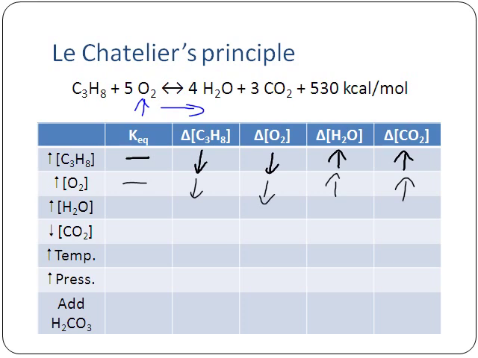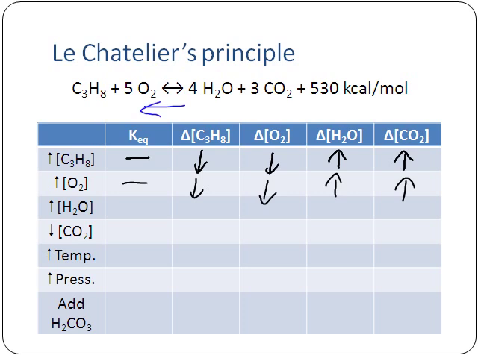All right, let's look at H2O. In this case right here, it tells us that the concentration of H2O is going up. And so Le Chatelier says the reaction is going to respond by trying to make the concentration of H2O go down. And if it wants the concentration of H2O to go down, it's going to want to shift away from the H2O. So it's going to shift to the left.